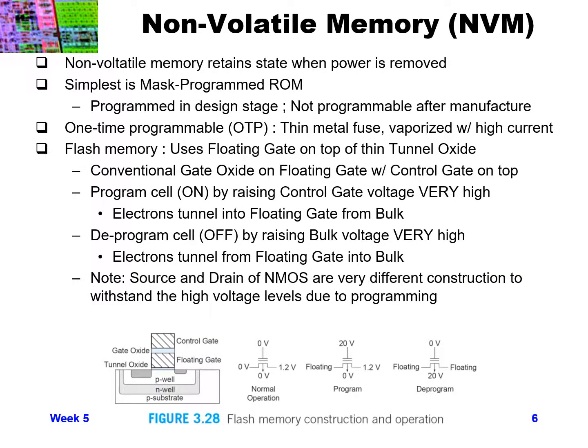So one additional circuit element that's very useful in IC circuits is what's called non-volatile memory. So non-volatile memory is a transistor that will retain state once power is removed. So the simplest way of doing non-volatile memory is something that's a read-only memory.